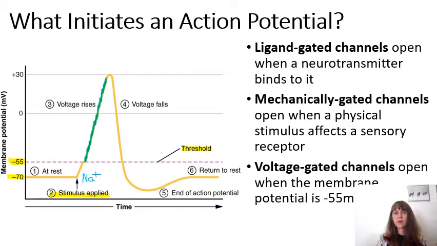Sodium will depolarize the membrane until it reaches positive 30 millivolts. At positive 30 millivolts, technically sodium voltage-gated channels become inactive. However, since no sodium is passing when they're inactivated, we're simply going to say that sodium voltage-gated channels close at positive 30 millivolts.